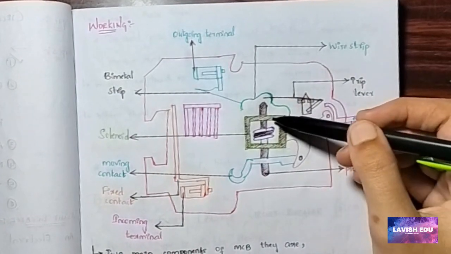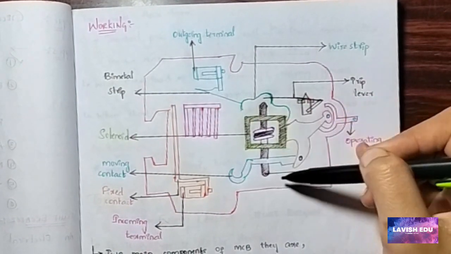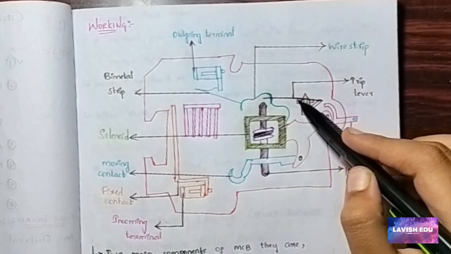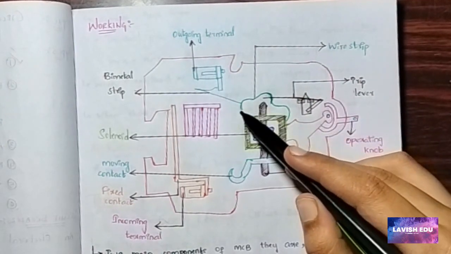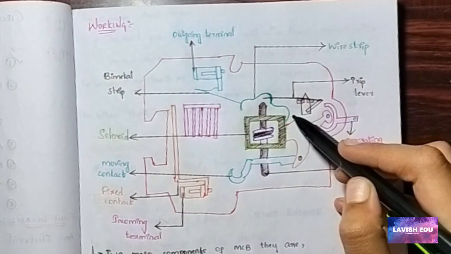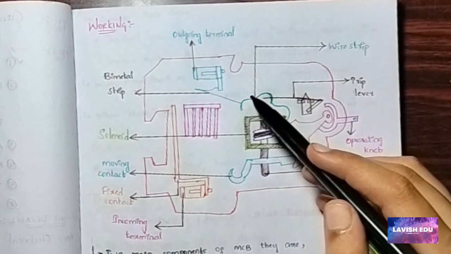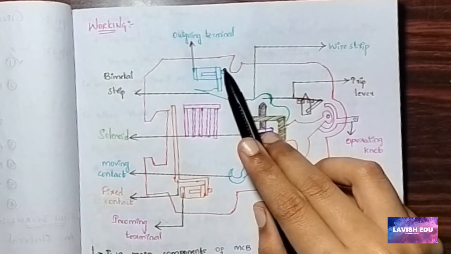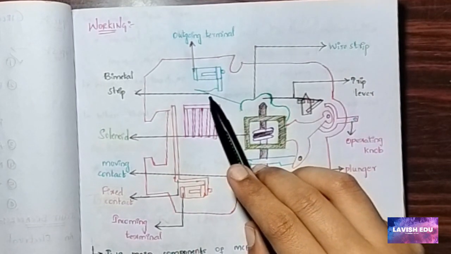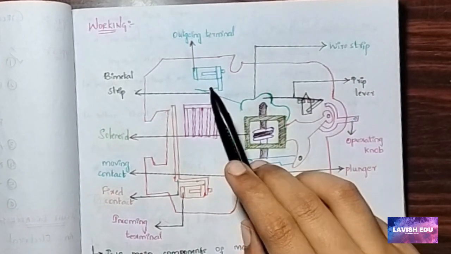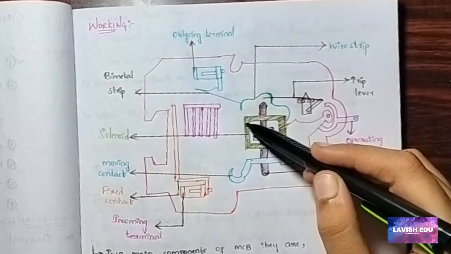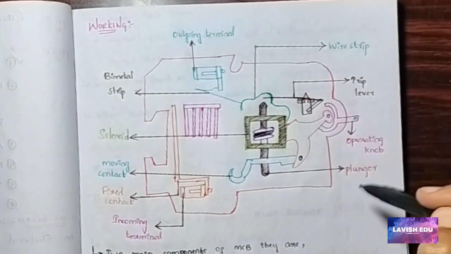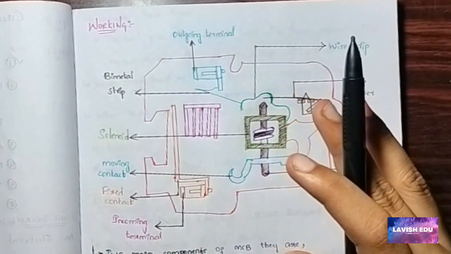The brownish line is the plunger, this is the operating knob, and another brownish line is the trip lever. The wiring on top of the plunger is the wire strip, and at the upper left corner of the plunger is the outgoing terminal, connected to the plunger with a bimetallic strip. The plunger is made of a solenoid. This is all about the parts of the MCB.